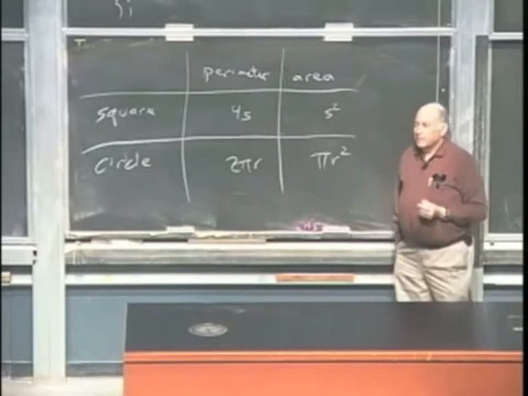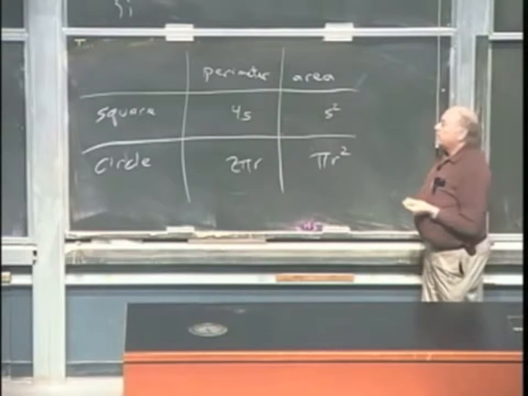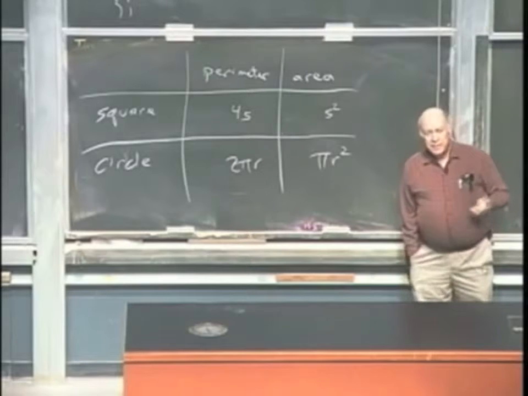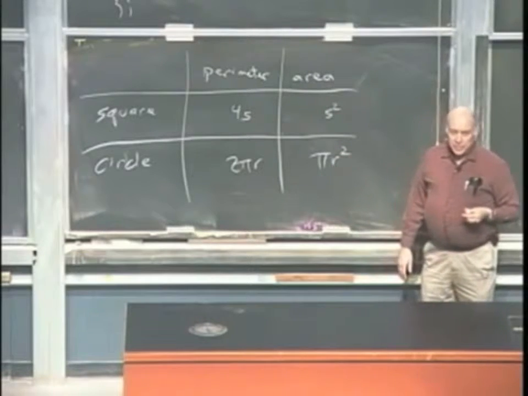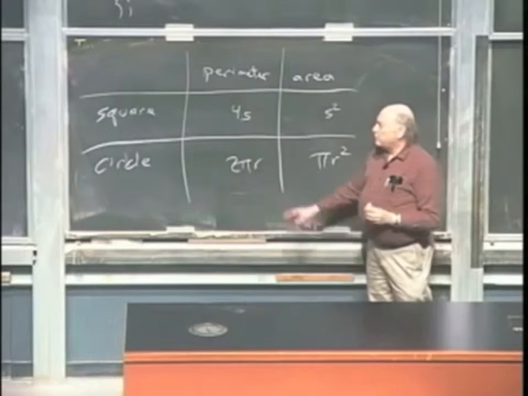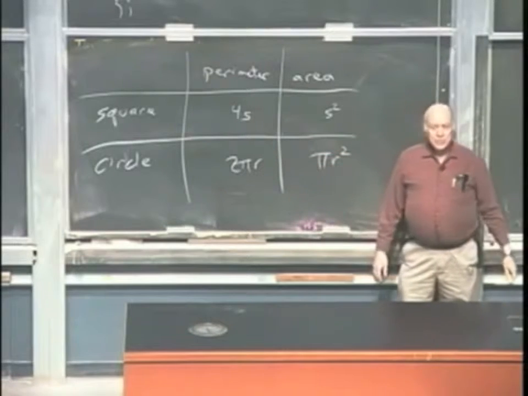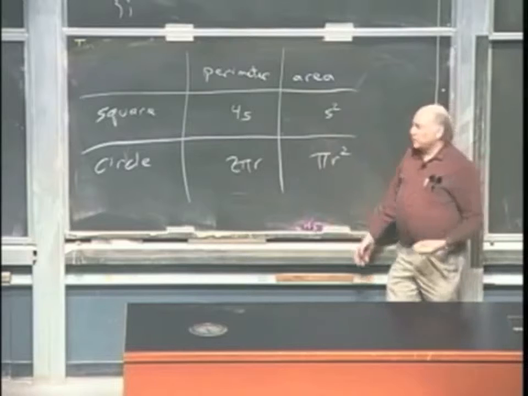Except I hope that you understand by now that I'm not really going to do it quite like this. I'm not going to put formulas as pieces of text. What I want to think about is functions.